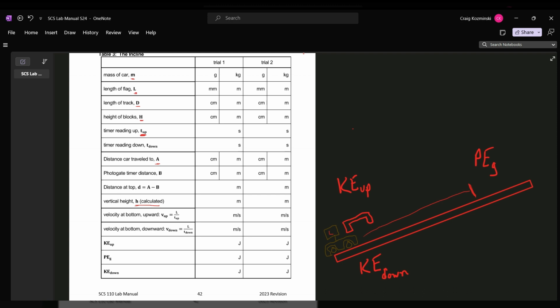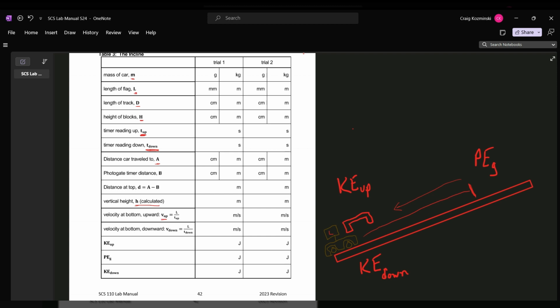Then the car will come back down the ramp, and we will need to reset the photogate timer at this point so that we can get a reading of the flag, and that is our t sub down.